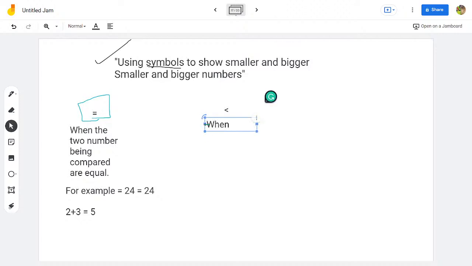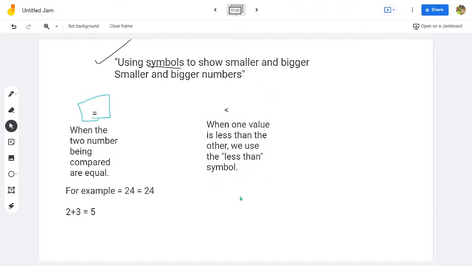When one value is less than the other, we use the less than symbol. So let's take an example of where we can use the less than symbol.